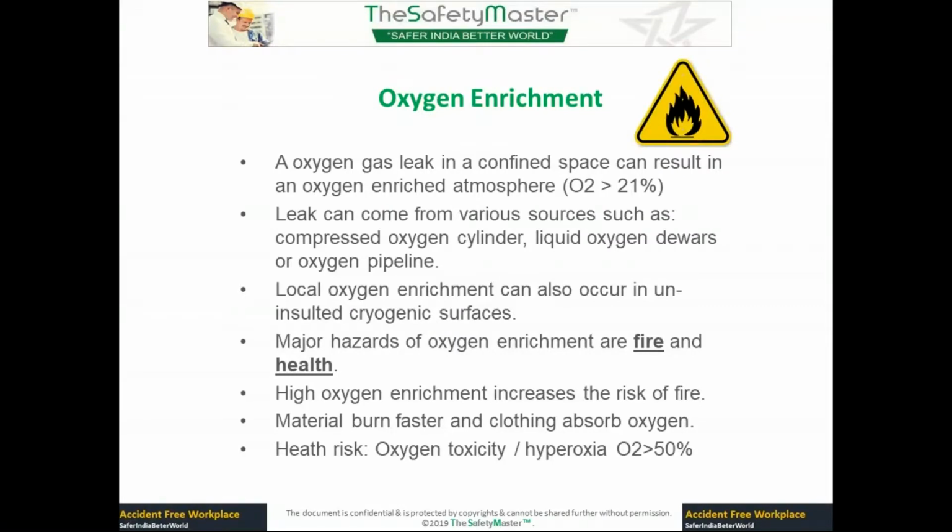As I told you, a liquid nitrogen pipeline will try to condense the moisture and oxygen in here. So you'll find a confined oxygen enriched environment on the surface of the pipe. Okay, this is one issue.